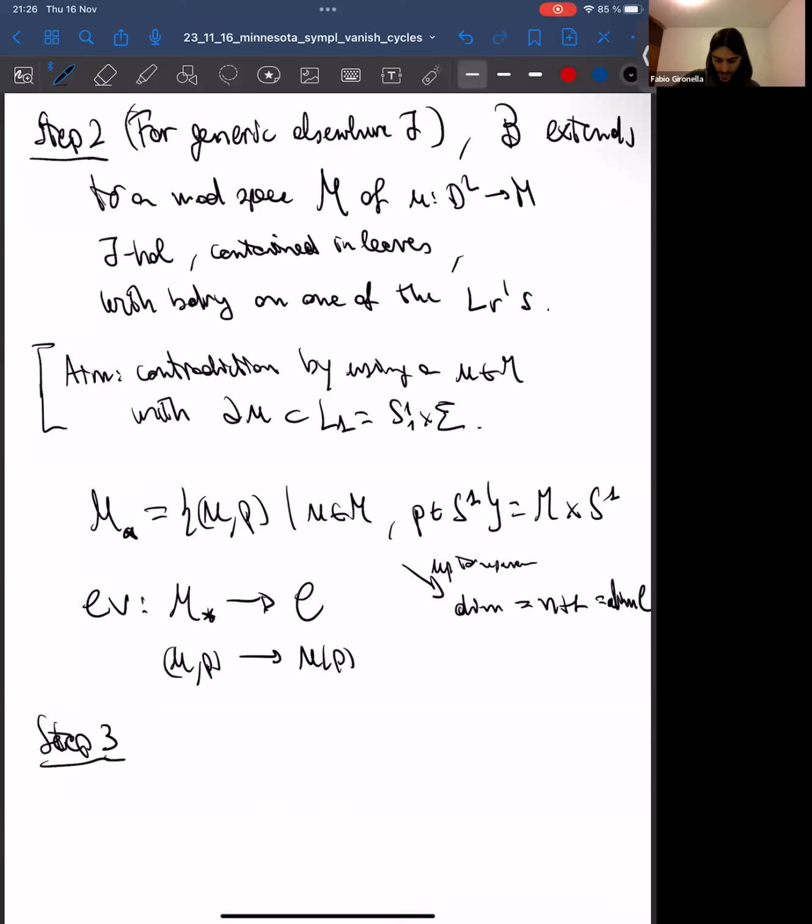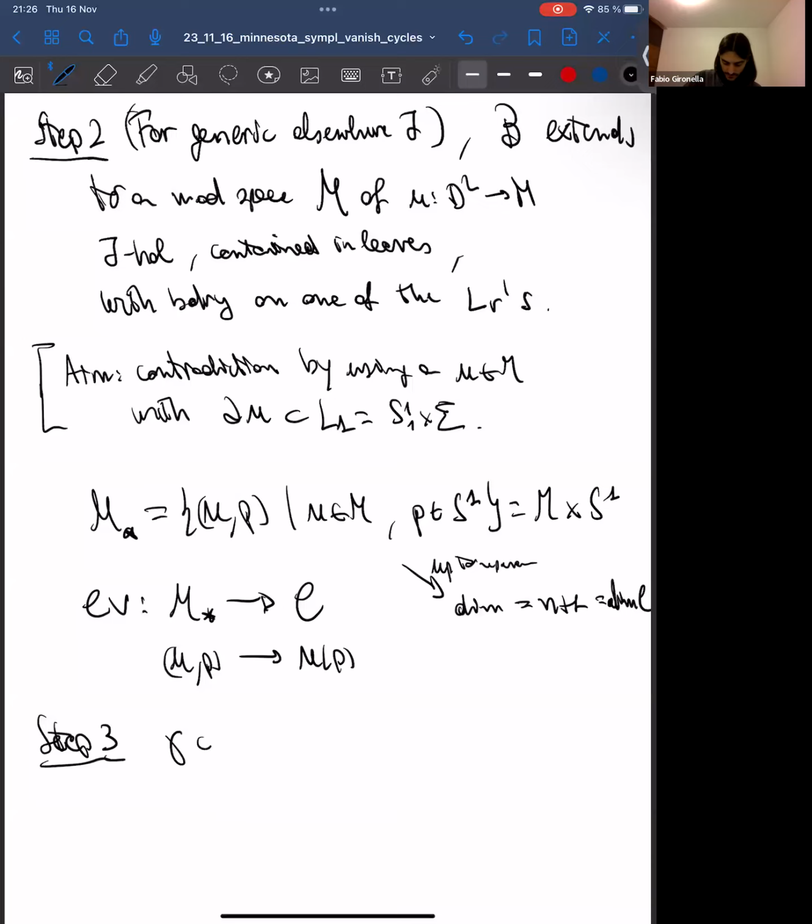So the aim, as I said, is to get the contradiction by looking at the disk which has boundary on the boundary leaf, right? On the boundary of the vanishing cycle. So what we want to do now is the following.